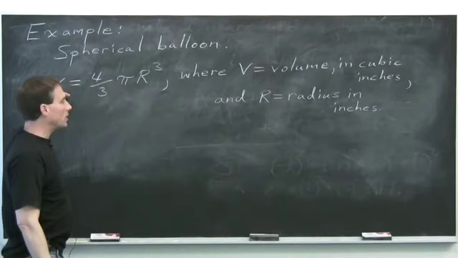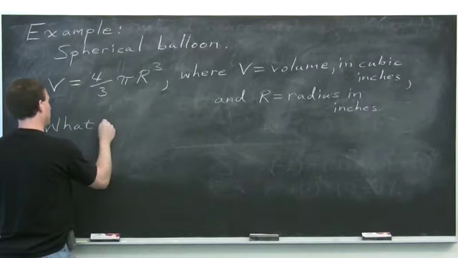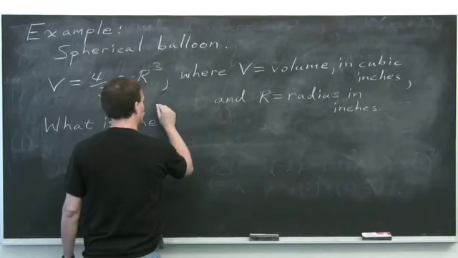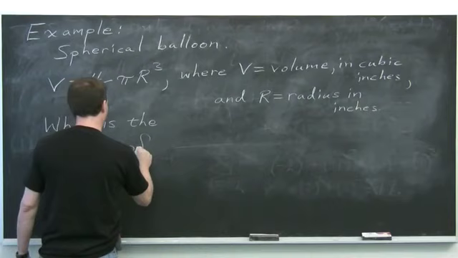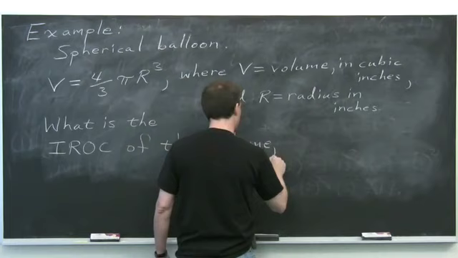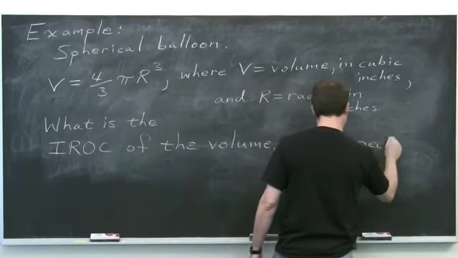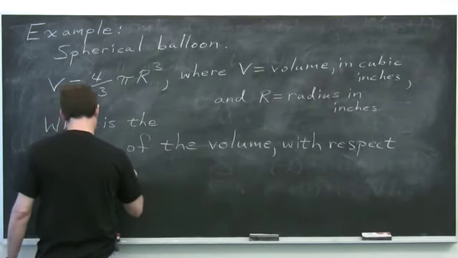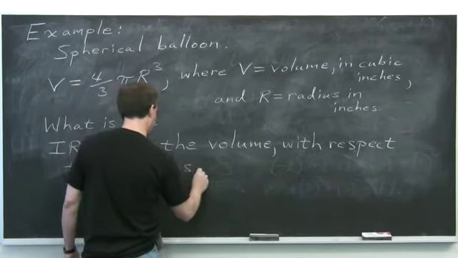Okay, the question is, what is the instantaneous rate of change, the IROC, of the volume with respect to the radius when the radius is 5 inches?